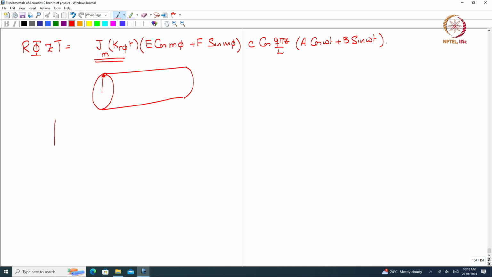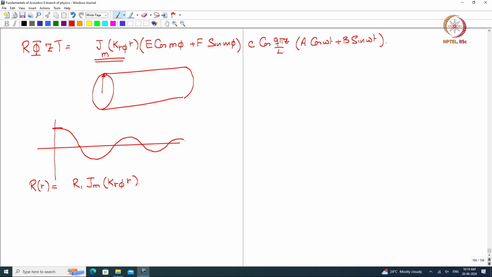So let's say we look at J0, and J0 starts off with 0 derivative with a maximum, goes through a 0, has another maximum, negative, goes through a 0, has another maximum, and so forth. Okay. Now R of r was R1 Jm k R phi of r.